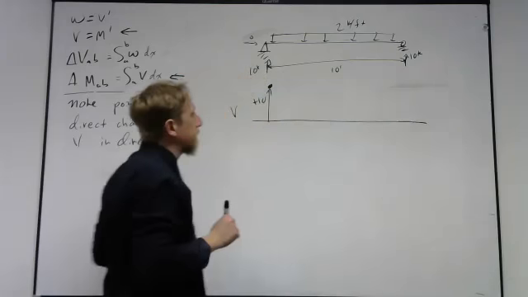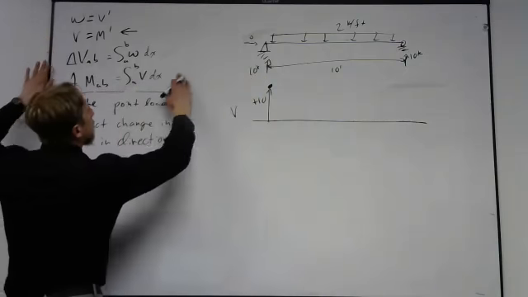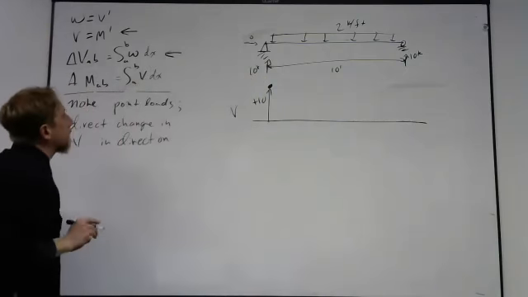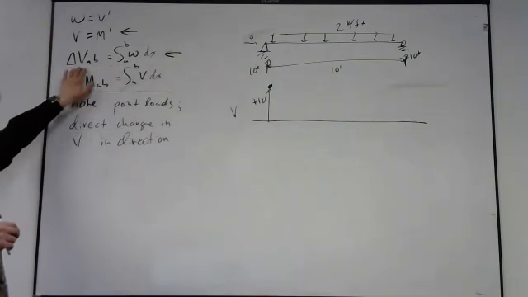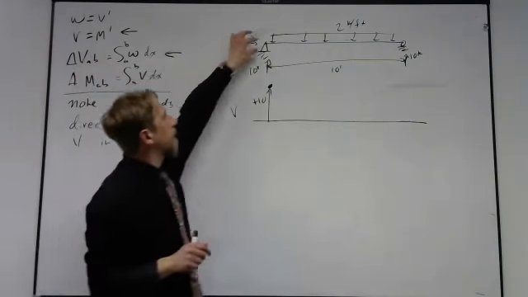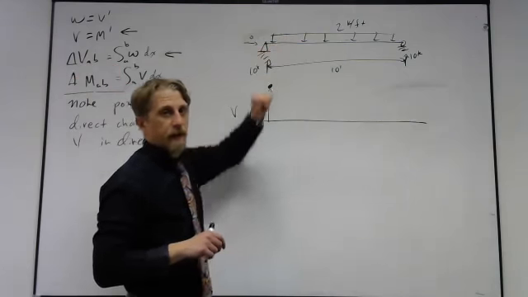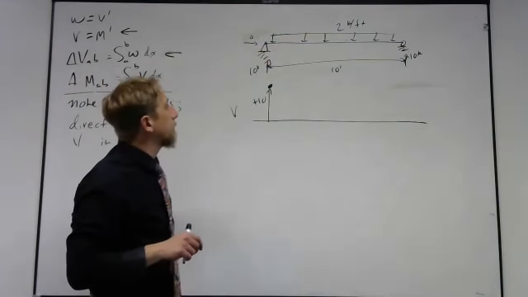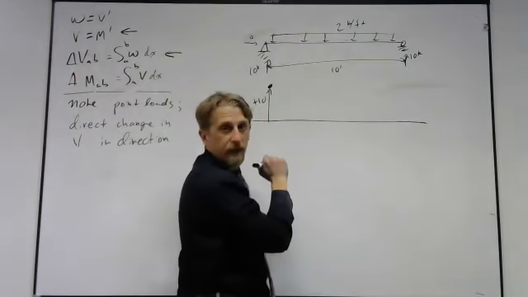I don't have any loads, so let's see what happens with W. Now, the equation I'm going to be interested in is this one. The area under the curve of W is going to be the change in V. The area under the curve is nothing but this guy. I've actually drawn that area here. Okay, so the area is 2 times 10.